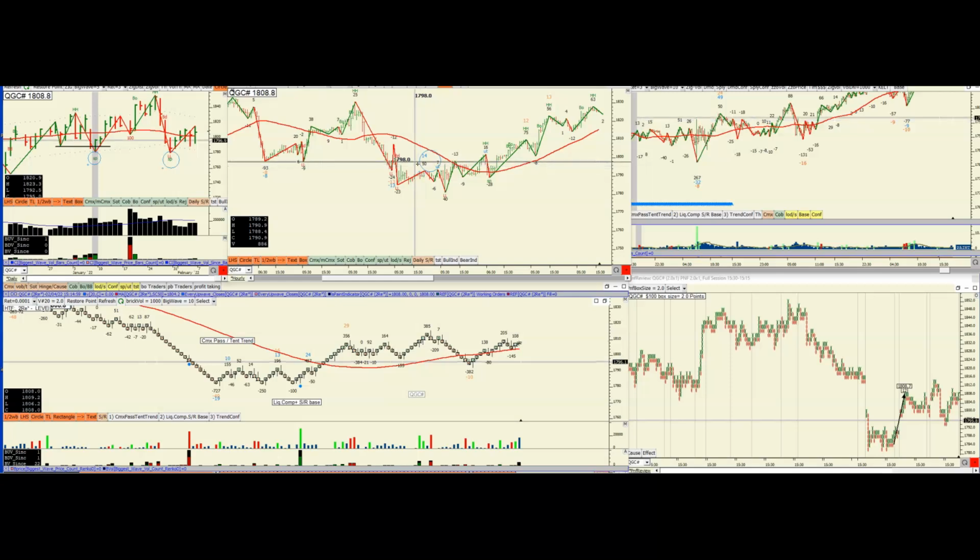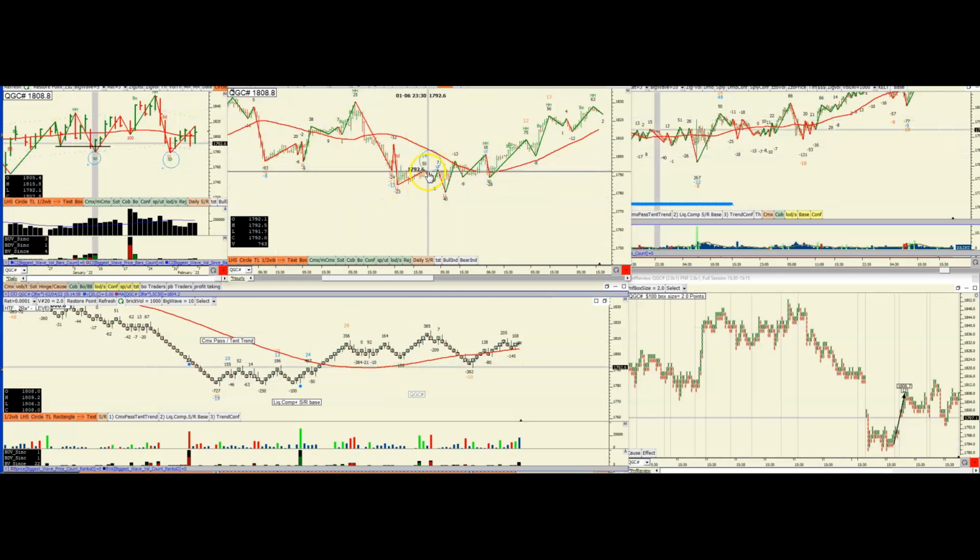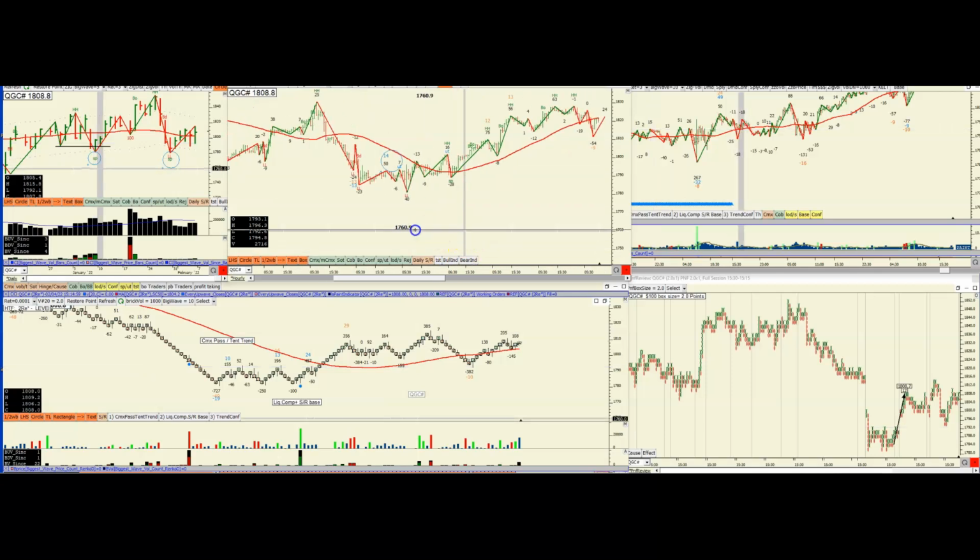So can you explain to me how, on a break of a low, you have the biggest volume in 14 waves on an up wave? What's going on? What's going on is they're buying.